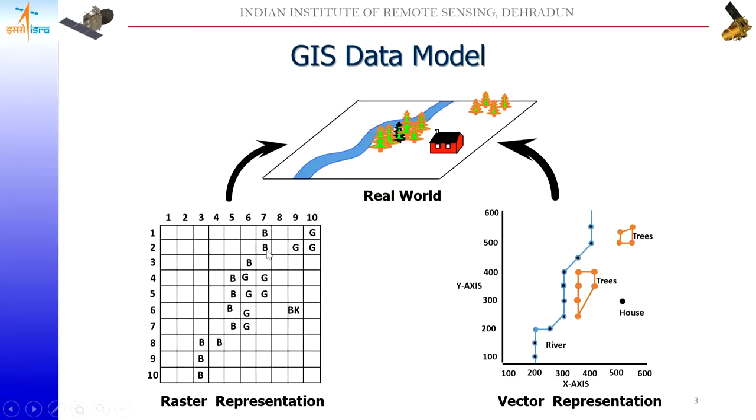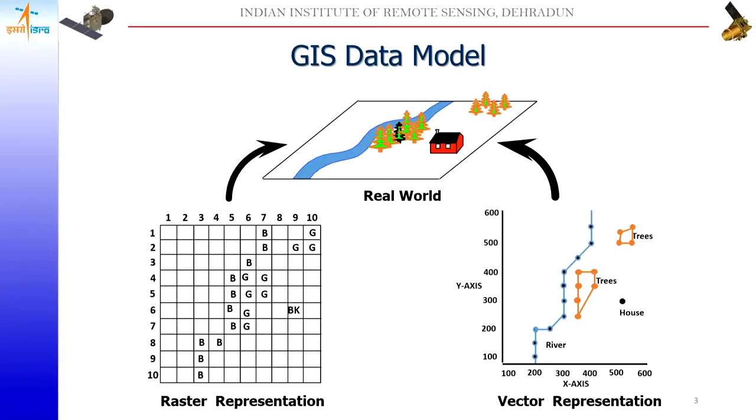For example, the B in this raster representation denotes the water body that passes across the study region. The pixels wherein these trees are represented are denoted by the symbol G. Similarly, there is a tree in the top right corner here, and the house is represented by this BK value in this particular pixel.